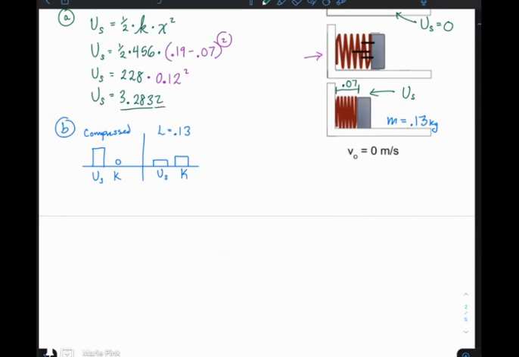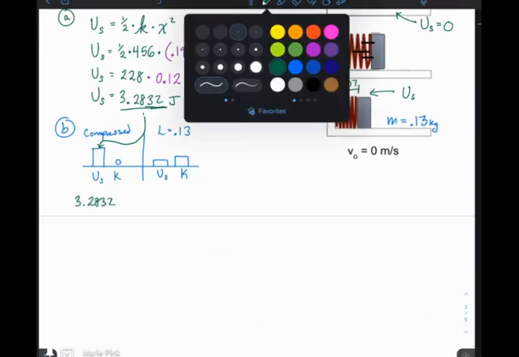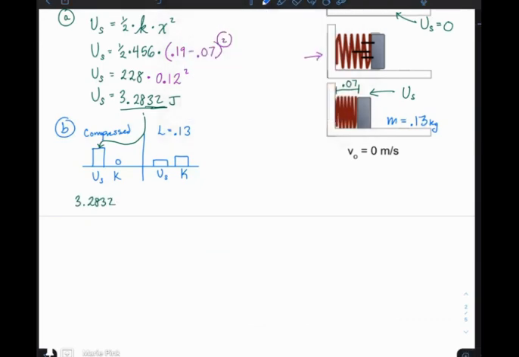All right, so I'm going to go ahead and plug these things in. The nice thing is at the beginning, I already have how much spring potential energy there was because we just figured that out. So I'm going to plug that in here. So this is the 3.2832. And yes, I'm going to keep all of the numbers for the moment because I want to make sure that I keep things as precise as possible. And then the spring potential energy, when it's partially compressed, is 1/2 times k.